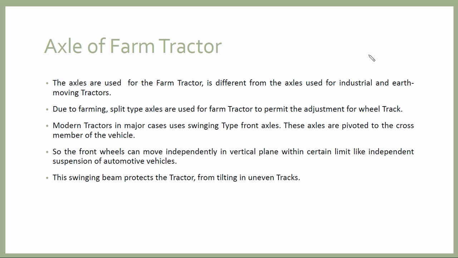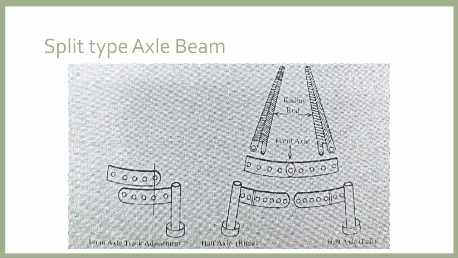Here we will study only the split type of axle beam. Here is the picture of the split type of axle beam. You can see in this picture these are the radius rods, and this is the front axle, where this is the half axle from the right side and this is the half axle from the left side.